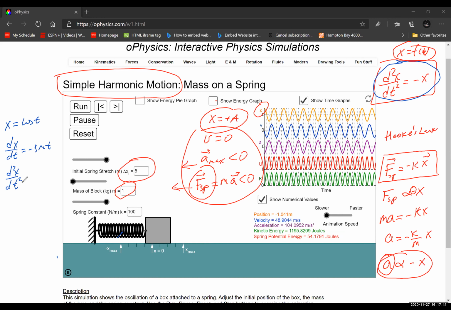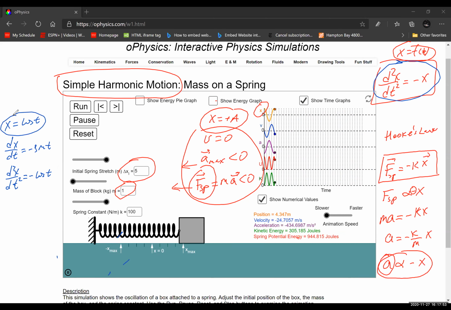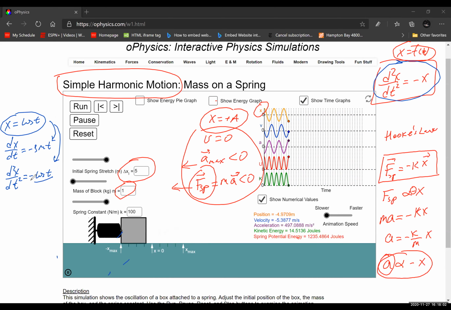The derivative of negative sine t is negative cosine t, since the derivative of sine is cosine but there was also a negative. Well, I got what I wanted, right? I started with x equals cosine, took the derivative twice, and got the same cosine but the negative of it, which means this is a sinusoidal solution. That means I can model this motion as some kind of cosine function. And that's what we're going to do.